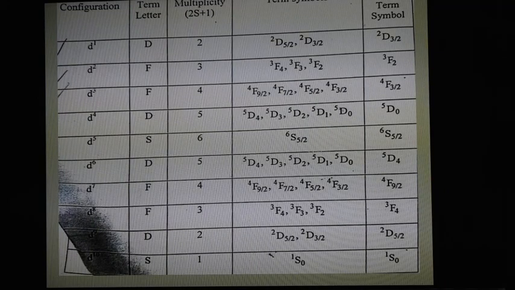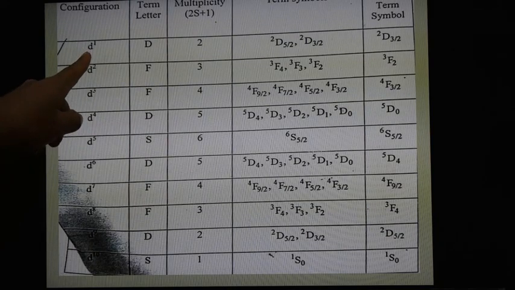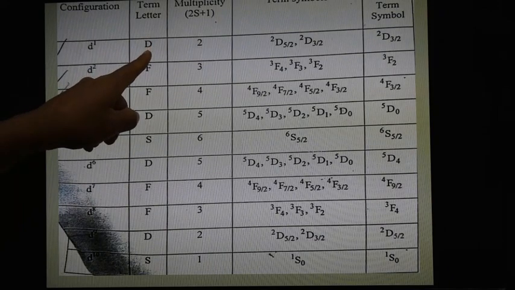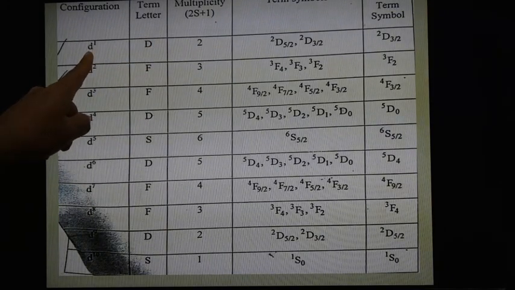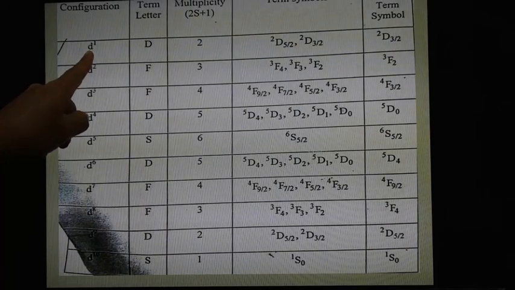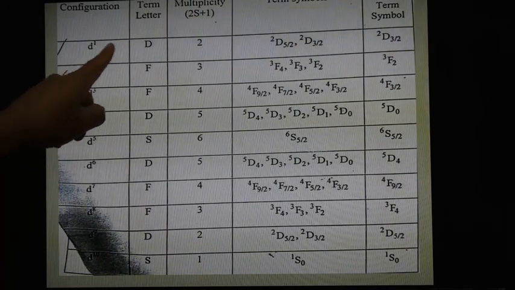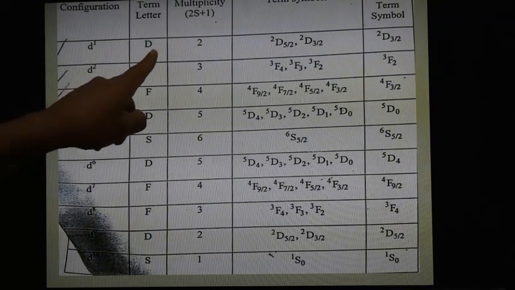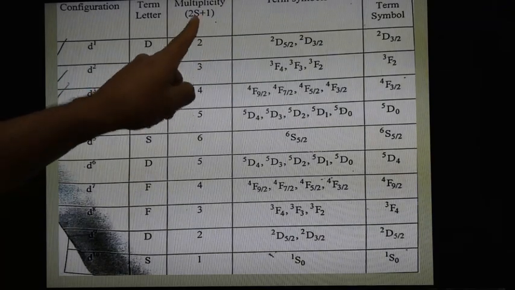So by using all these important features and rules, one table is given here. In the case of the d1 system, the term letter is D, because for d the azimuthal quantum number L equals 2, following S, P, D. So the term letter is D, and the multiplicity is 2S plus 1.